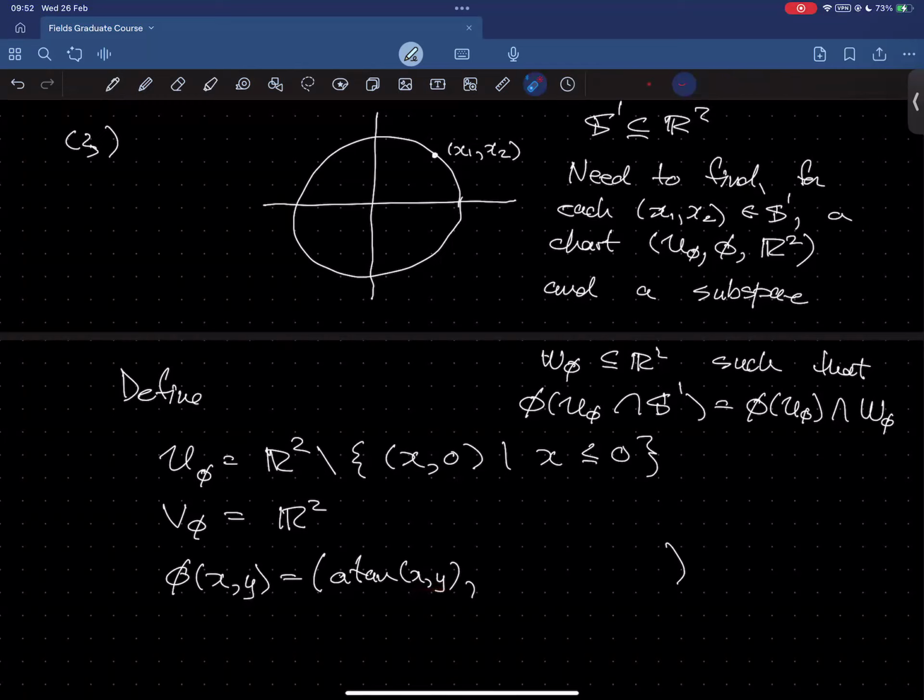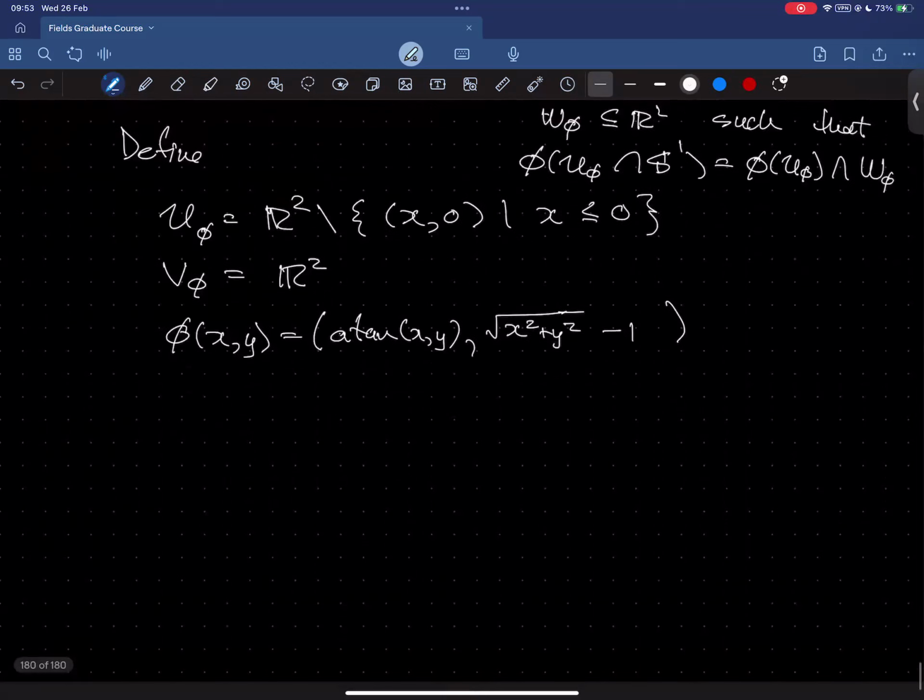Atan just returns this angle, and it takes two arguments because then it can resolve the angle from pi to minus pi. And then r, so root x squared plus y squared, minus 1.